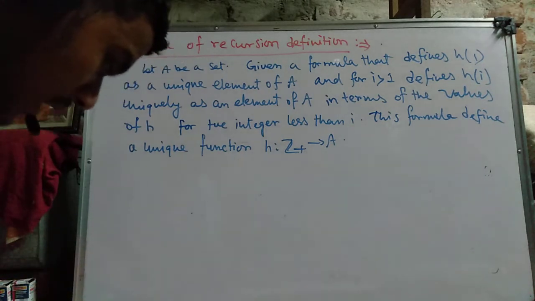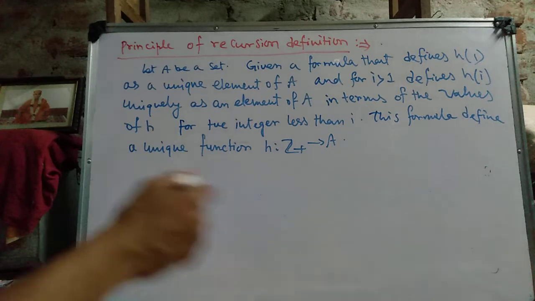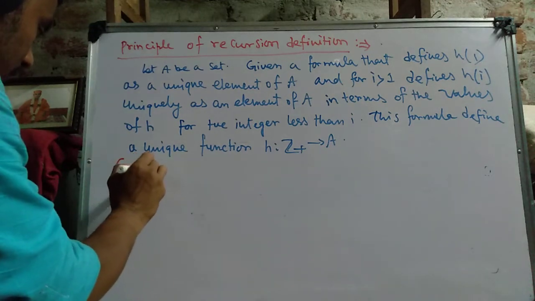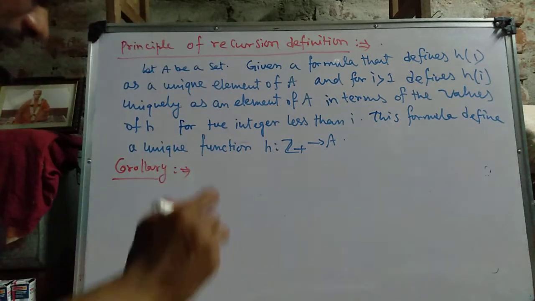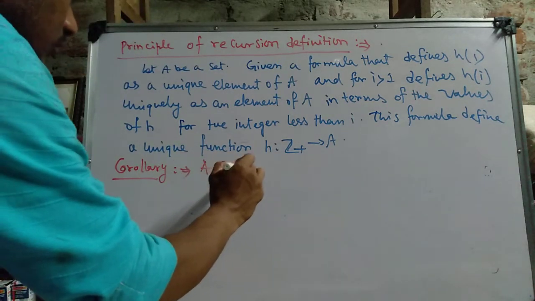Now we start with one important corollary we deduce from this theorem: a subset of a countable set is countable.